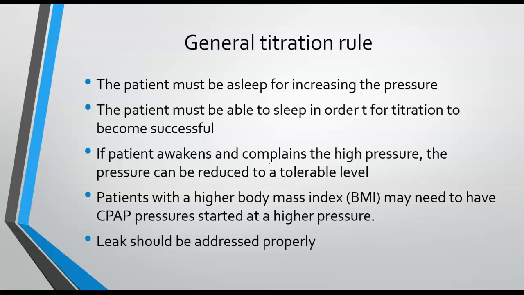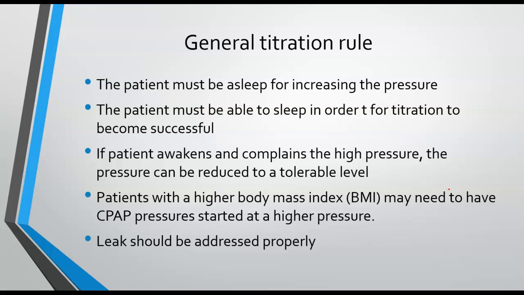If the patient awakens and complains of high pressure, the pressure can be reduced to a tolerable level. For example, you are in a CPAP titration study and the patient woke up at a CPAP of 10 and wanted to go to the restroom. When he comes back he cannot sleep because the pressure is too high, so you can reduce to a tolerable level. For example, he was okay with a CPAP of 6.